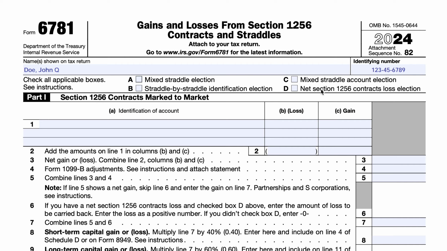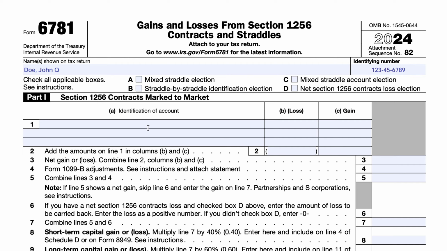So if you're using this, you would check box D, you would enter the amount of your loss that's carried back, and then you would enter that as a positive number. So what we're going to do is we're not going to make any of these elections.